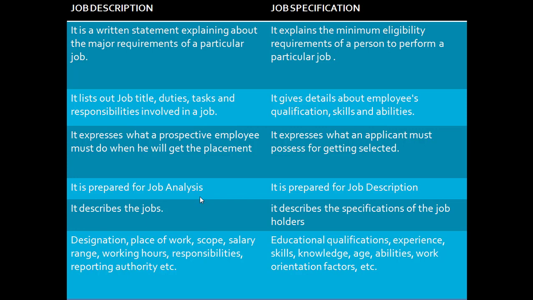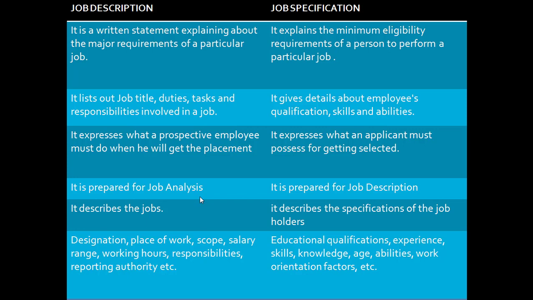The job description lists out the job titles, its duties, tasks and responsibilities which are involved in a job. And job specification gives details about employees' qualifications, skills, abilities, knowledge, everything related to a person who will be doing the job. Job description expresses what a prospective employee must do when he gets the placement in the organization at that position, whereas job specification expresses what an applicant must possess for getting selected, right?